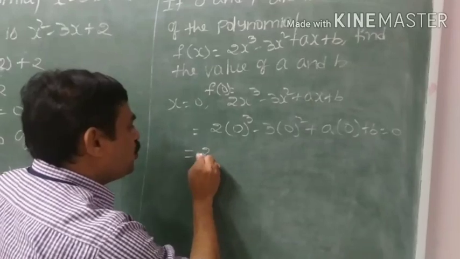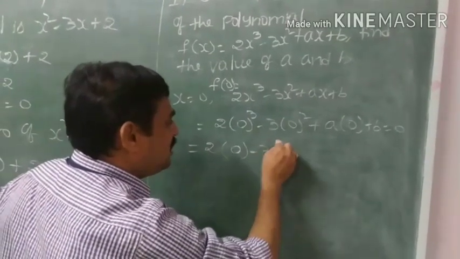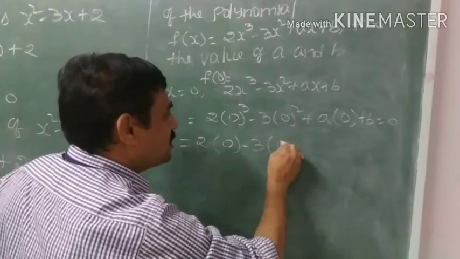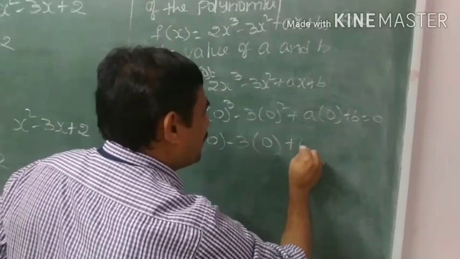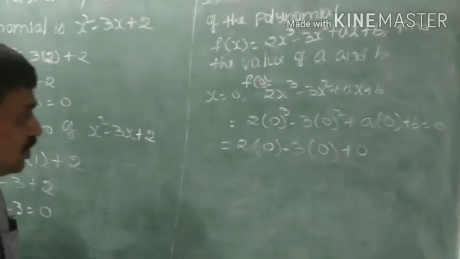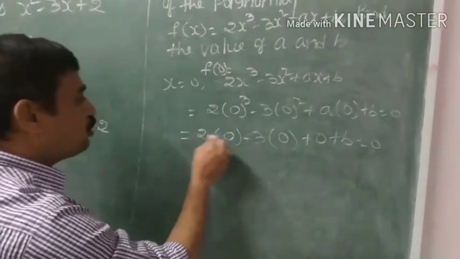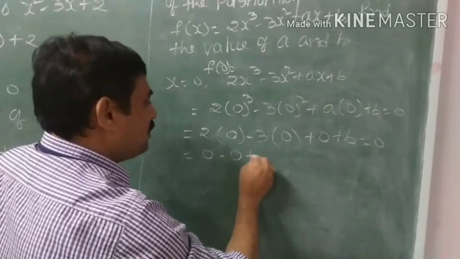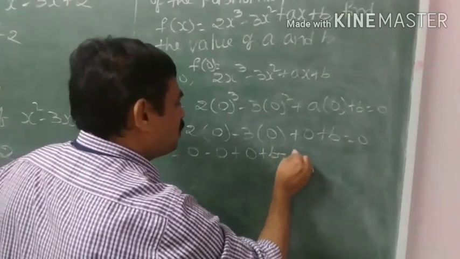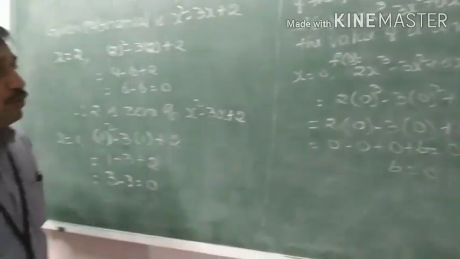Therefore 2 into 0 cube is nothing but 0, minus 3 into 0 square is nothing but 0, plus a into 0 is nothing but 0. Why? Because anything multiplied by 0 is 0 only. Therefore plus b is equal to 0. So 2 zeros are 0, minus 3 zeros are 0, plus 0, plus b is equal to 0. Therefore the value of b is 0.